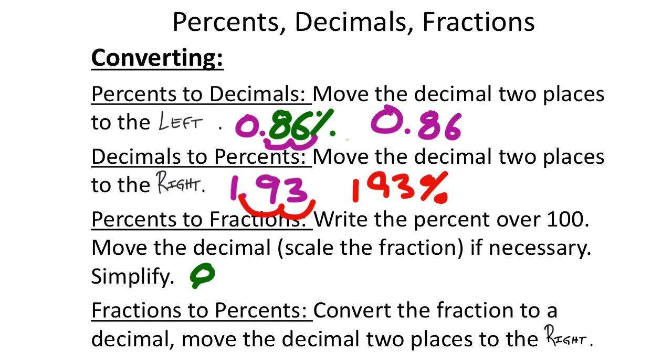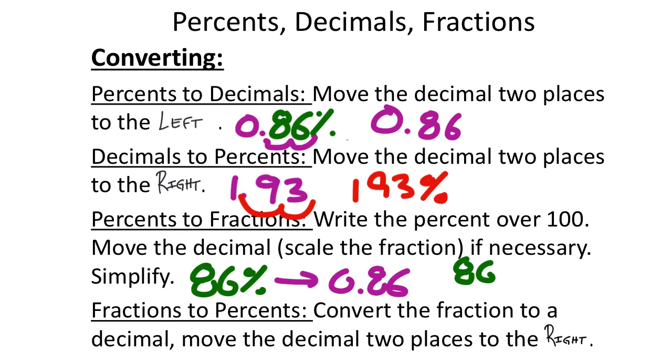Like we had 86% in the beginning. Well, we already know that converts to 0.86 as a decimal. And like it says here, you can write the percent over 100, which was 86 hundredths. And again, it's over 100 because it's per 100, okay?